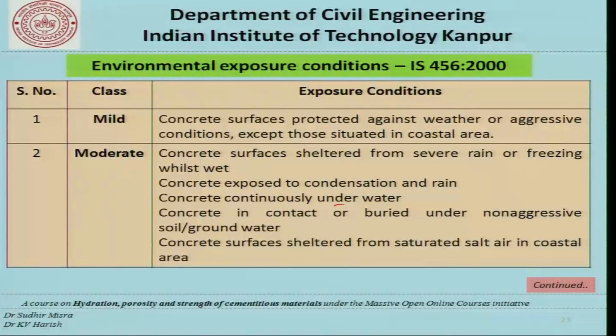Please remember that this is underwater, not under seawater. And concrete in contact or buried under non-aggressive soil or groundwater, concrete surfaces sheltered from saturated salt air in coastal areas. So, we are talking in terms of concrete surfaces all the time.